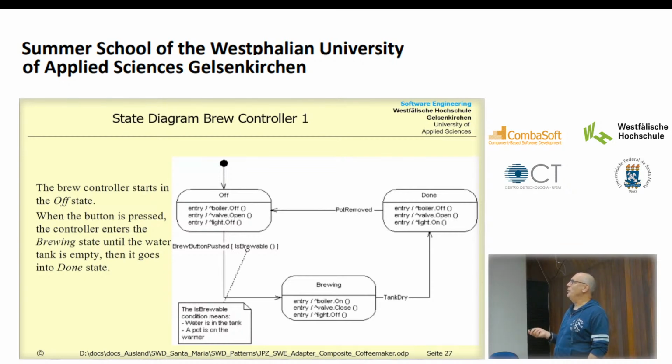Then we push the brew button and go into the state brewing. Then the boiler is on, the valve is closed, and the light is off. Still off during the brewing process. When it's ready, the tank is dry, it goes to the state done. Then we turn the boiler off, the valve will be open, and the light is set on.